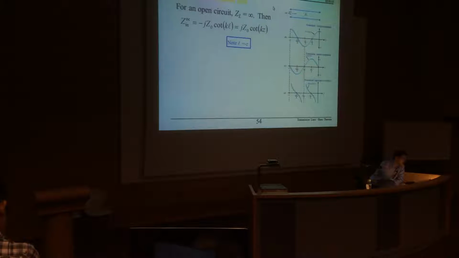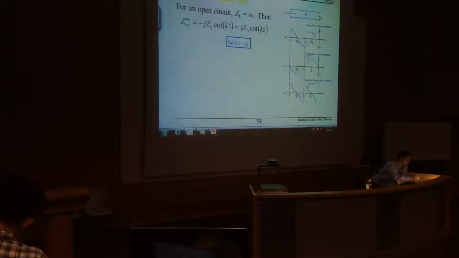Then open circuit: the transmission line is not connected, we just leave it open. Now the load impedance is infinity. Then the input impedance can be considered as a capacitance.